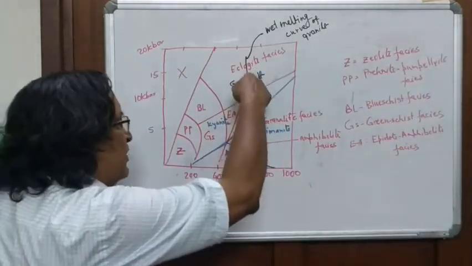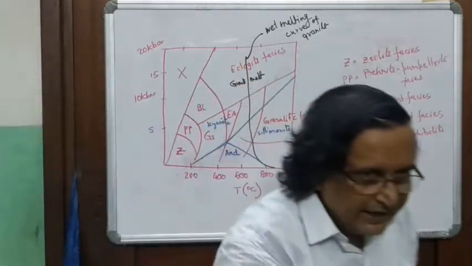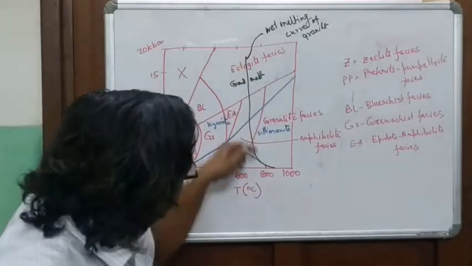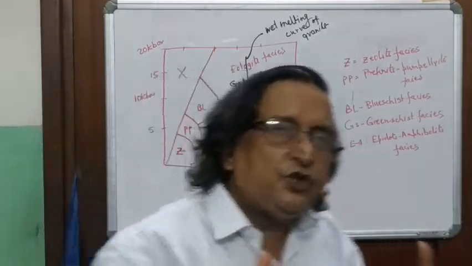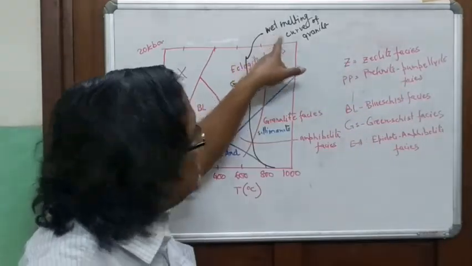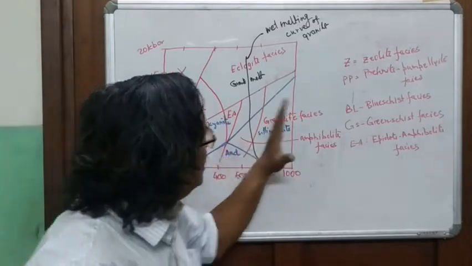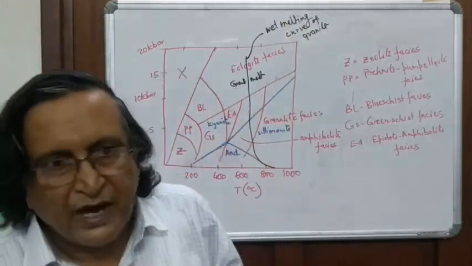And this one with a black line is the PT locus along which a granite where XH2O equals 1.0 melts. That means this is the wet melting curve of granite. The dry melting curve of granite turns to the right, as I told you.